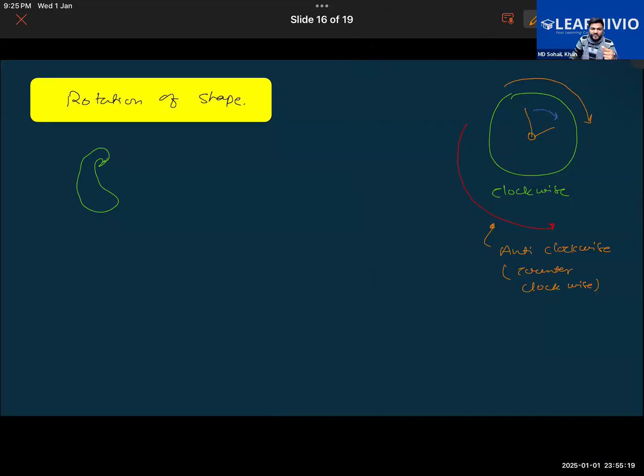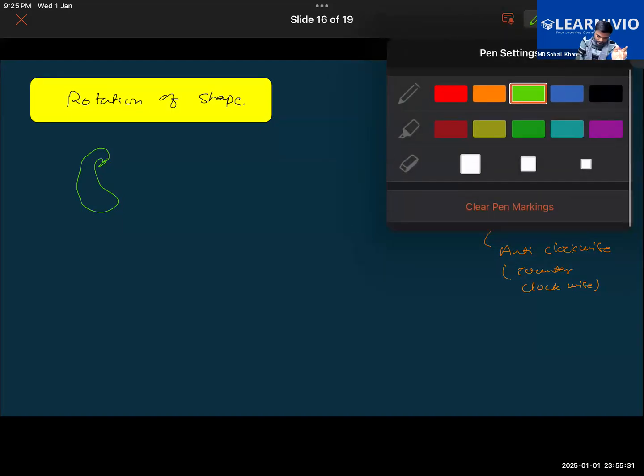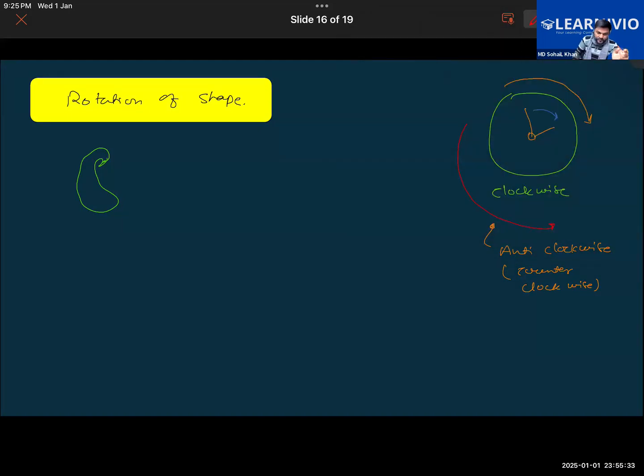So half turn basically means it is rotating by 180 degree. Getting it or not? So that is called as half turn. So when it will be taking half turn, how will it look like if you were to rotate it 180 degree?